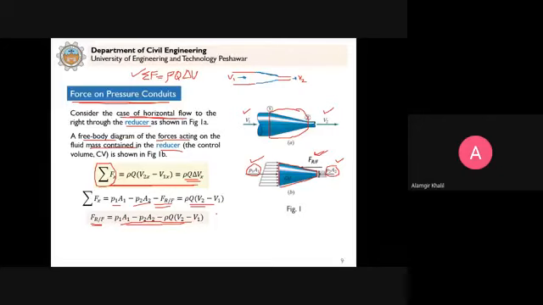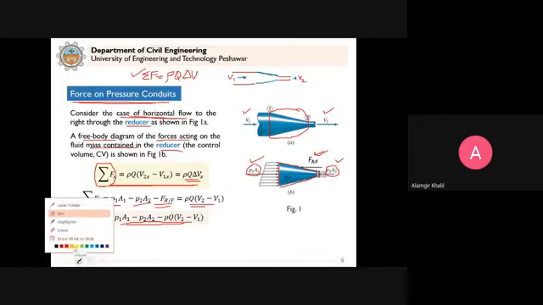If we are given the values, then we can put the values in and quantify this force of reducer on the fluid. So this will be the force of reducer on the fluid. What will be the force of fluid on the reducer?